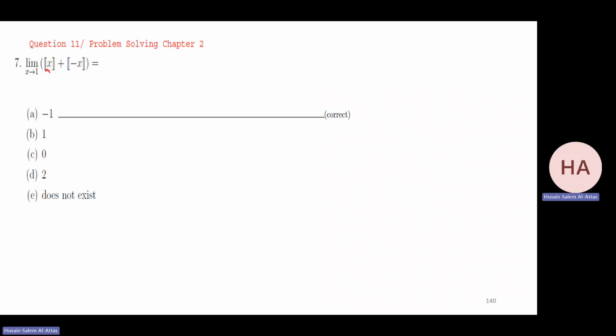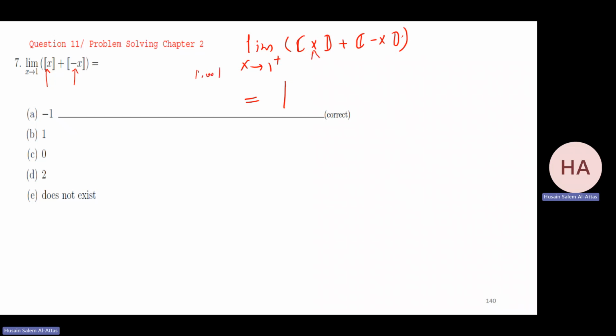This, if you take it here, it will be does not exist. Same thing, does not exist. So we cannot say the conclusion is that it does not exist. We need to do it from right and left. So do the limit as x goes to 1 from the right. That will be, take 1 inside, it will be 1. This is like 1.01, 1 point something, 1.01, 1.001.